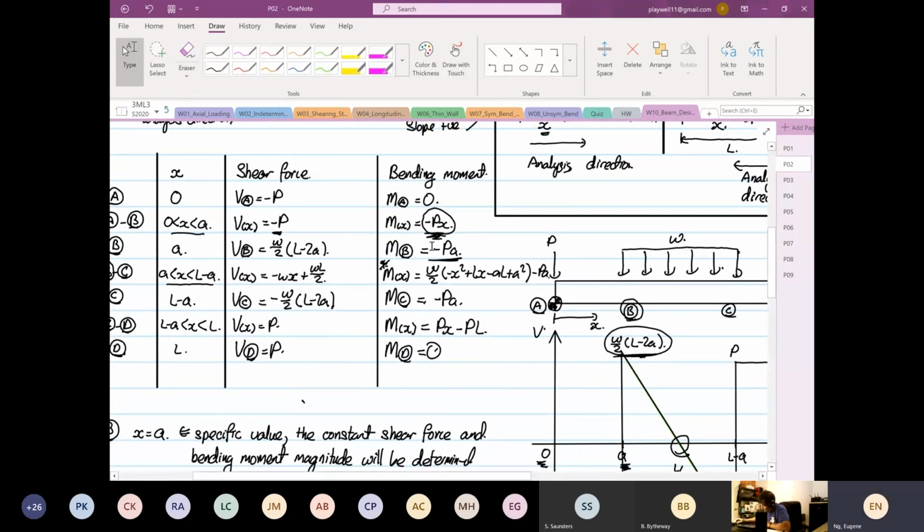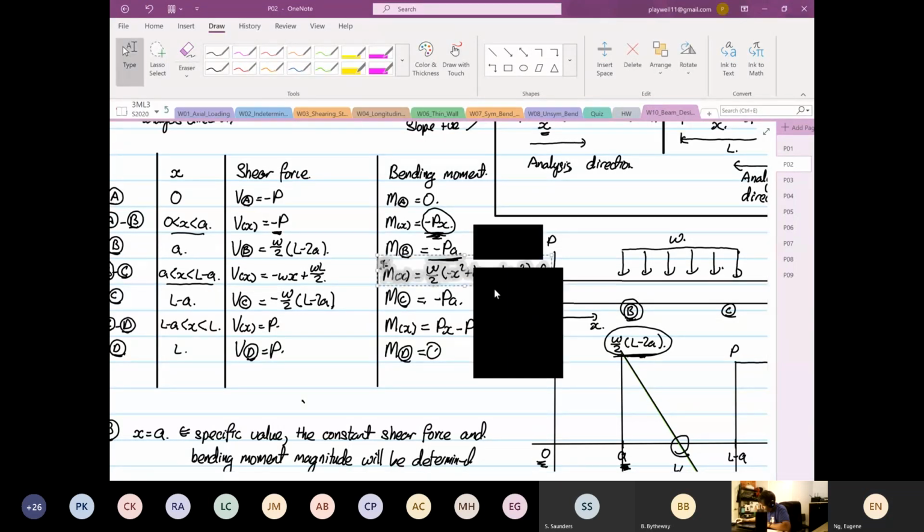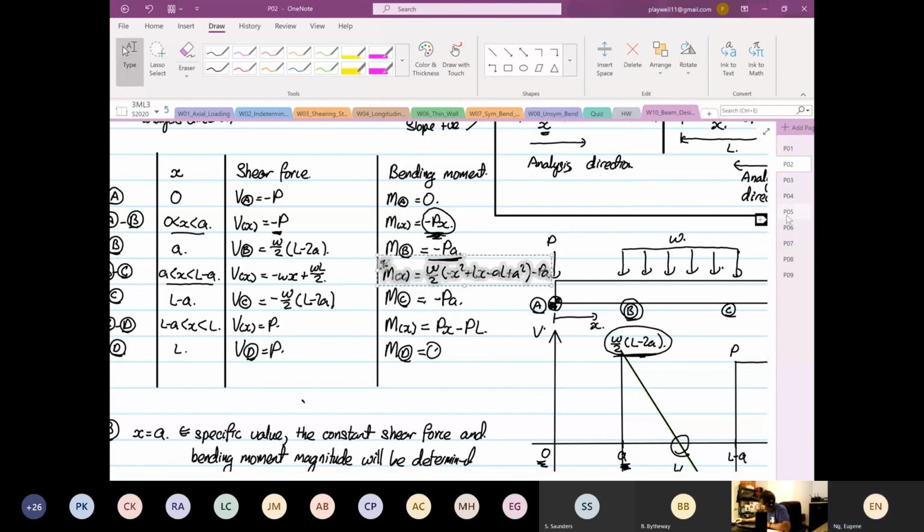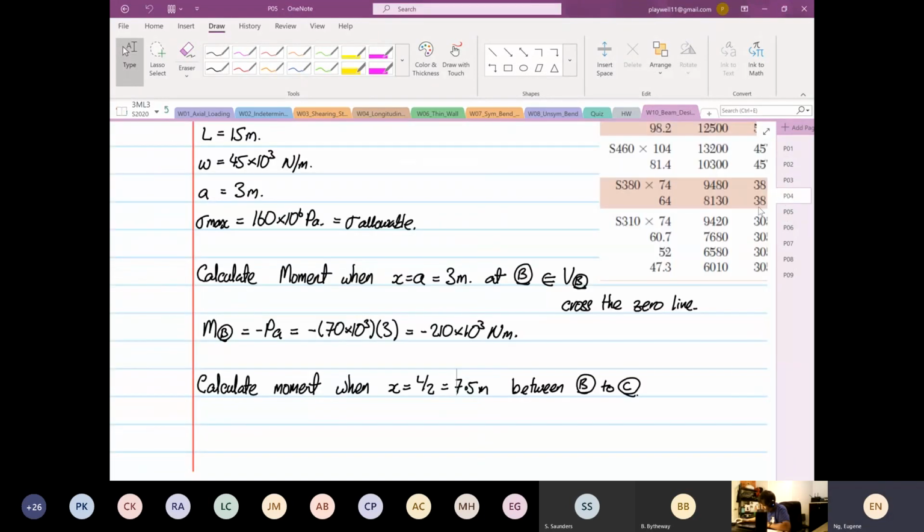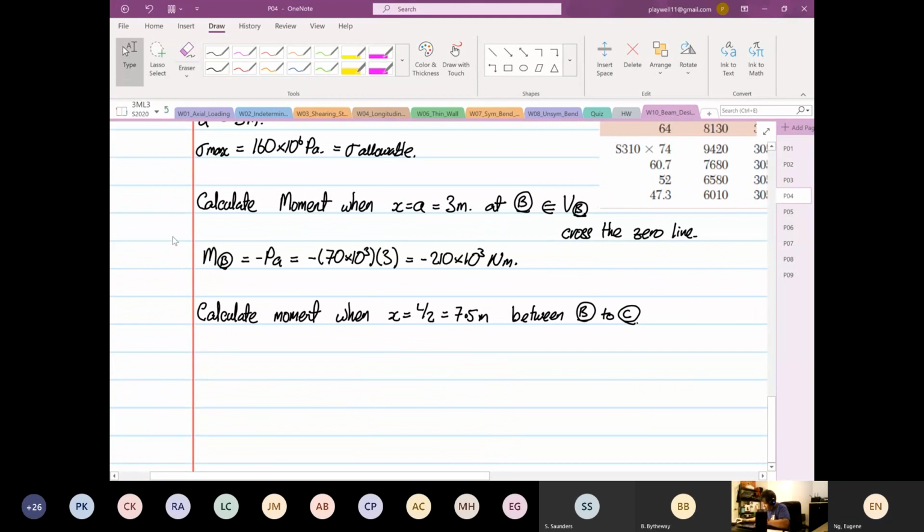So I'm going to grab it. Copy. Come over here. I'm going to paste. Right, so this is the function.